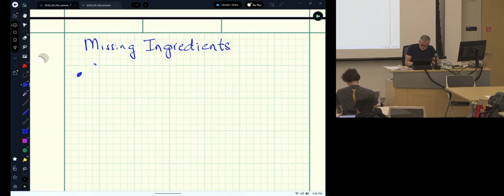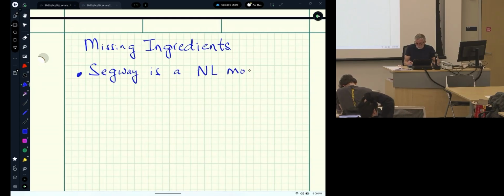So the first one is that the Segway is a nonlinear model. I'm going to write it first.